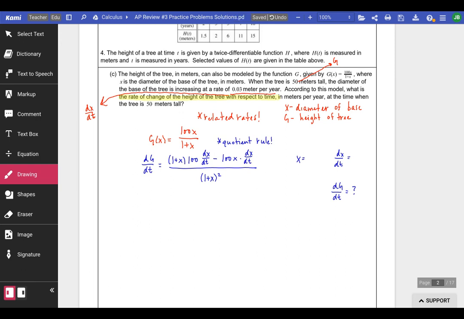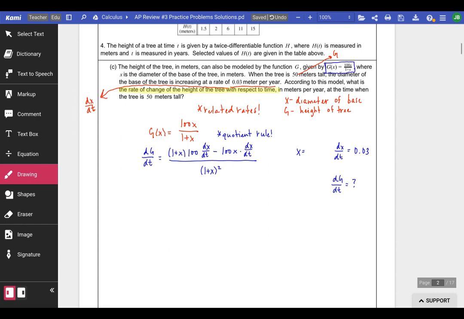That was our 0.03. And now the question is, what is x? So let's see. X was the diameter of the base of the tree. I don't know that. All right, now what I do know is that g of x, my g at this point, is 50. So I'm going to use this equation here, and I'm going to use it to solve.